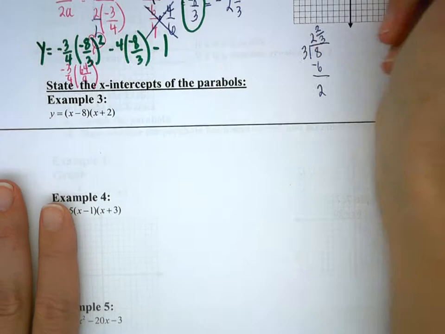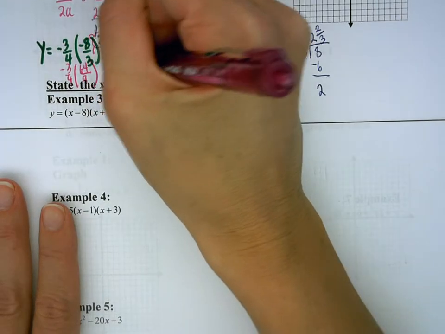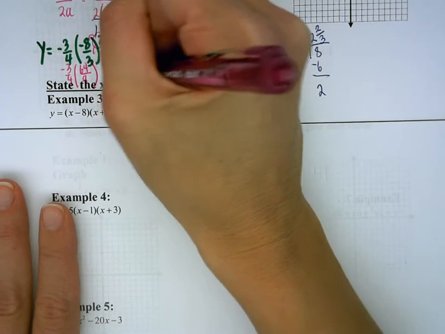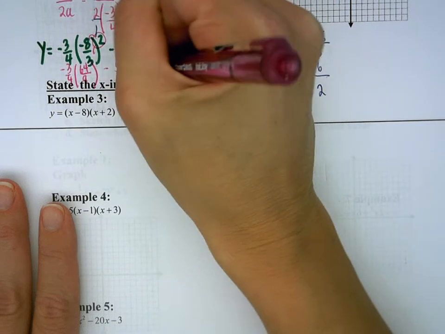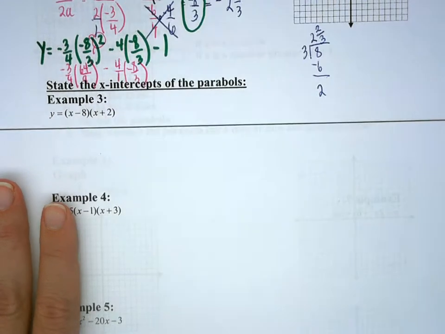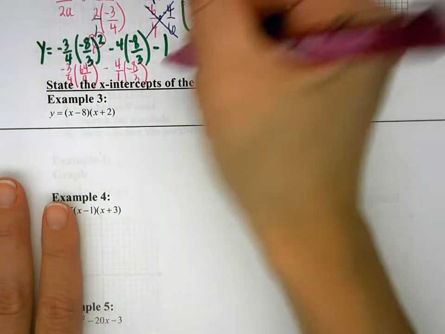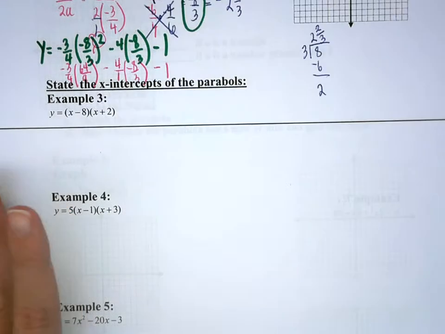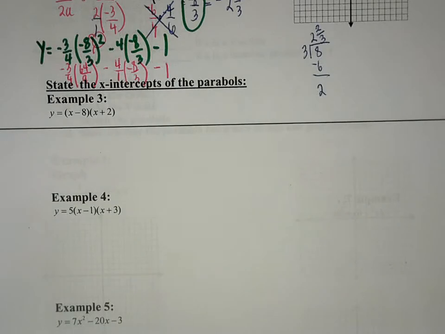Okay? And then I'm just going to rewrite the rest of these. I have negative 4. I'm going to put negative 4 over 1 and negative 8 over 3. And then I still have minus 1. So all I did right now was do my exponent of 2. Are we good here? Okay, so now before I multiply, I would try to reduce if I can.